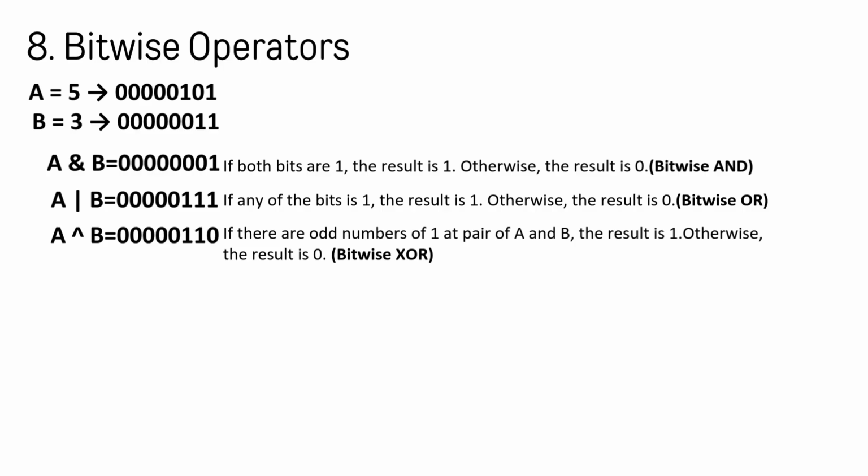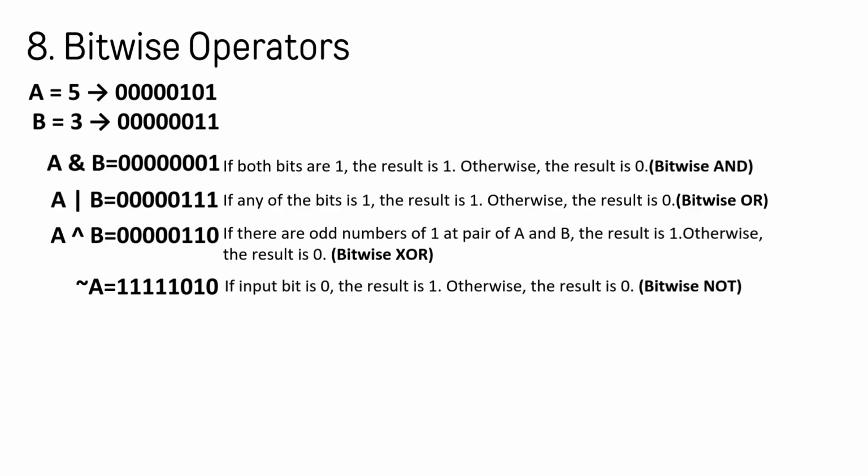Now come to the bitwise NOT operation. If the input bit is 0, the result is 1. That's quite simple. If there is 0, the result is 1. So if we write NOT A, we see that from the right side, the rightmost bit of A is 1. So in NOT A, the rightmost bit will be 0 automatically.